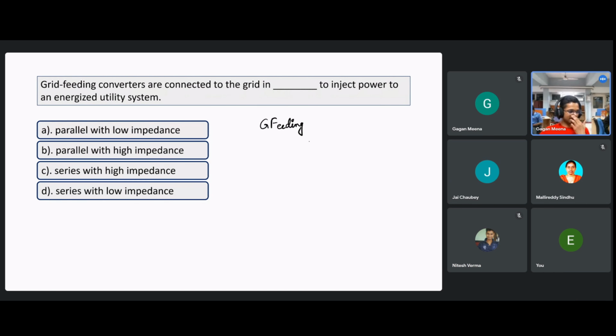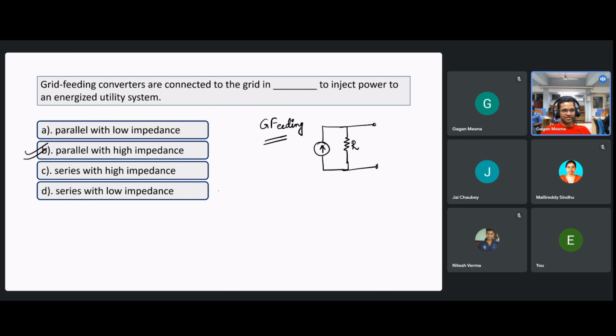That means they are acting as voltage source or current source? If they are high impedance device and parallel, there is a current source. This will be a current source here, with a very high value. Correct, grid feeding will be parallel and high impedance.